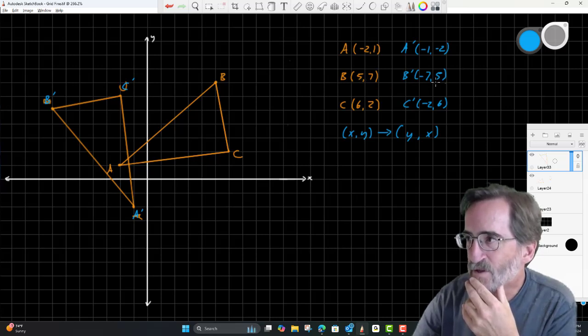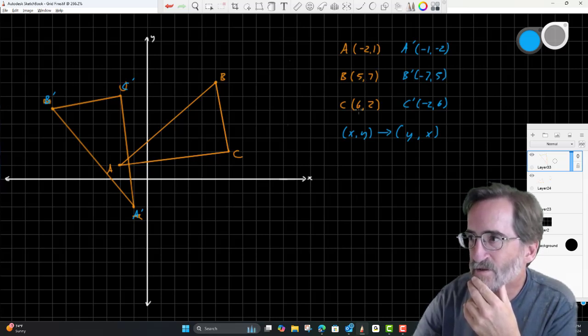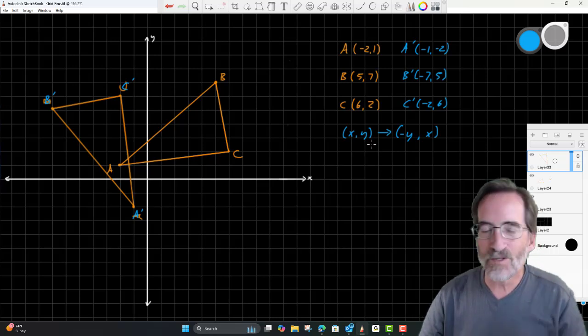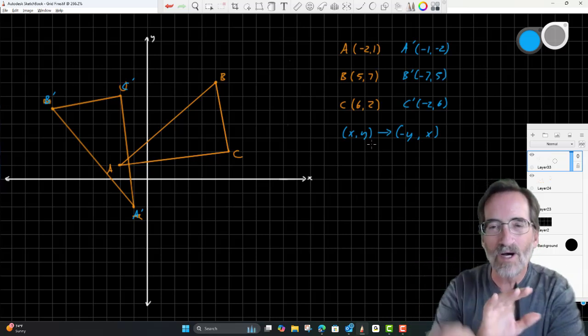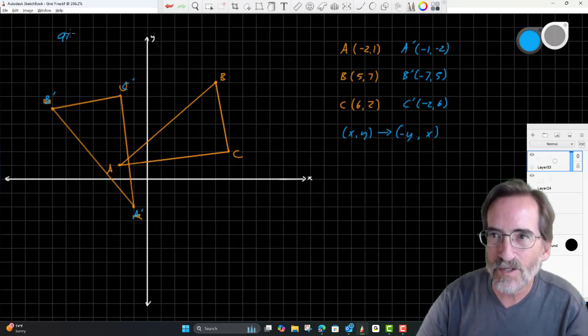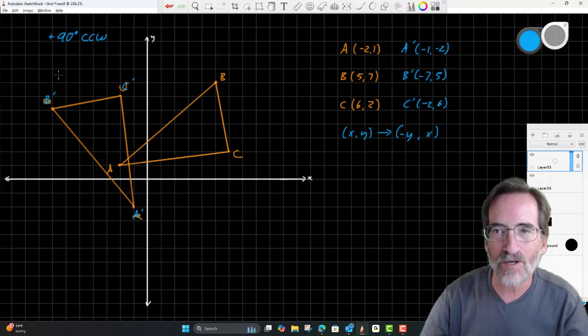The 5 stayed the same while the 7 changed signs. The 6 stayed the same while the 2 changed sign. So (x, y) becomes (-y, x). They switch places and the y changes signs. That's a counterclockwise rotation, which is considered a positive 90 degree rotation.